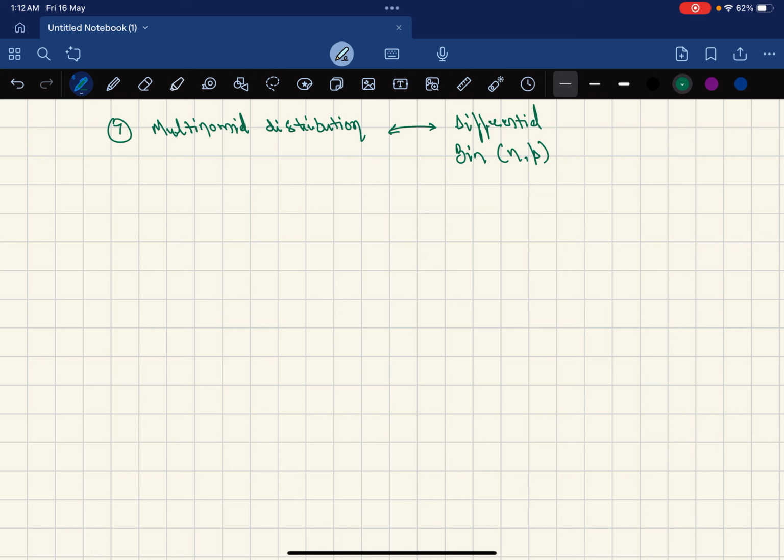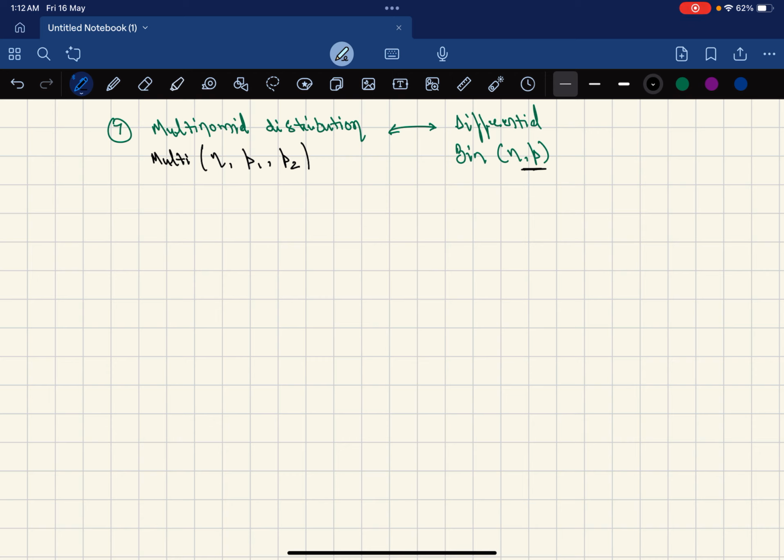Now what happens in a multinomial distribution, we have certain parameters. So let us say we have a sample size n, but instead of having one probability value like we had in the binomial distribution, we can have multiple probability values here. So let us say we have two probability values here, p1 and p2.